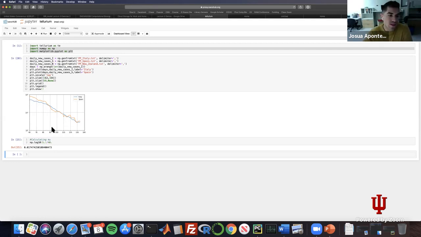The reason we are doing this is because this is in log scale, and we're assuming this is around 5. It's a little bit more, like around 6, but it goes down by 5 in approximately 40 days.